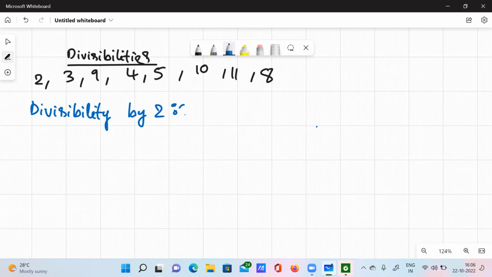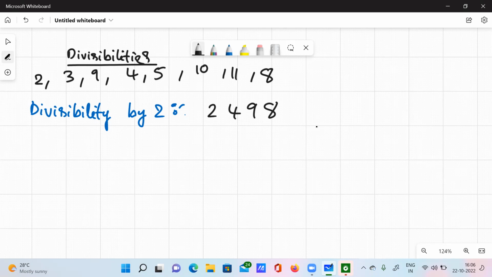How can you decide that any number is actually divisible by 2? For example, I have a number like 2498. I just want to know whether this number is divisible by 2 or not. How can you find this?